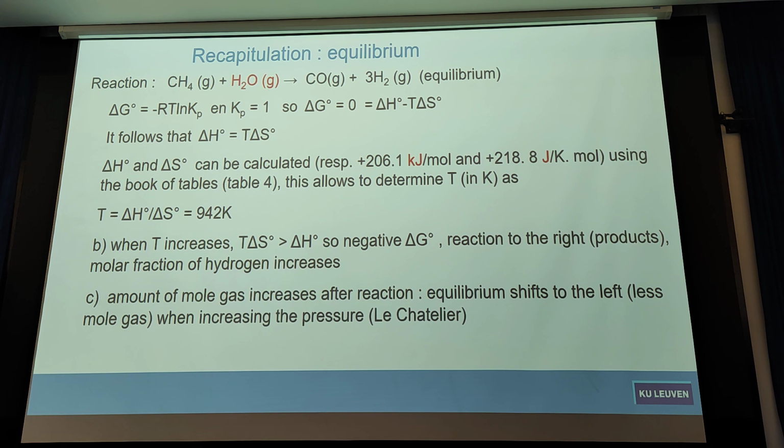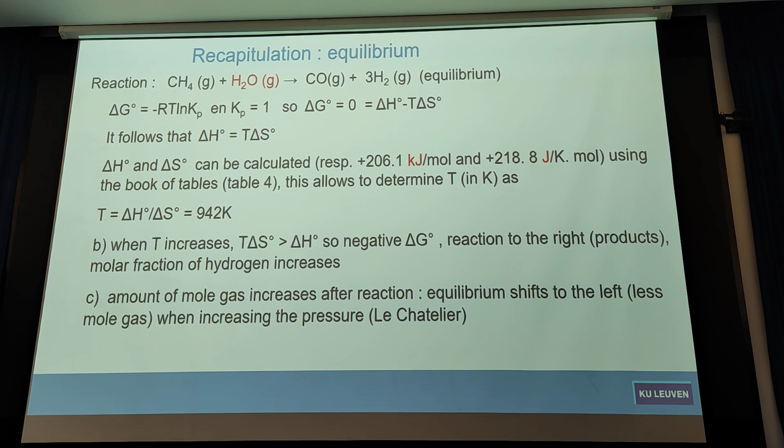Now, for the first part, we asked ourselves what is needed to have a Kp of 1. In fact, if Kp is 1, ln Kp is 0, because the logarithm of 1 is 0. That means, in that case, the standard free energy change at that moment, when Kp is 1, will be 0.